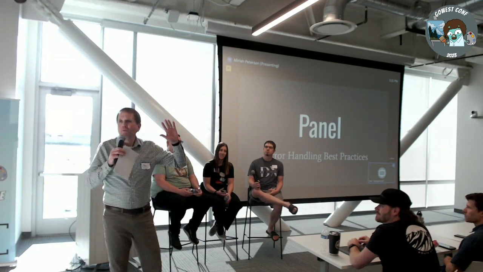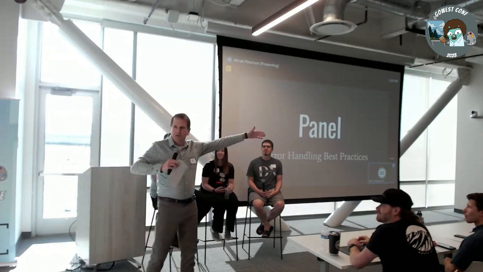I always love this: who loves the Java way of error handling? What's the Java thing? Exceptions. You punt, right? You just kick it up and then you get that huge stack trace.